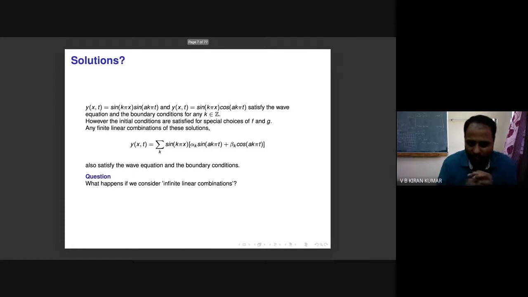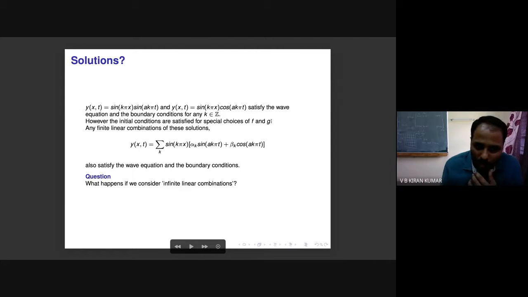Now the question: what happens if we consider infinite linear combinations? Yesterday, when we introduced Schauder basis, at several points we realized that there are possibilities to consider infinite linear combinations of functions or vectors and so on.